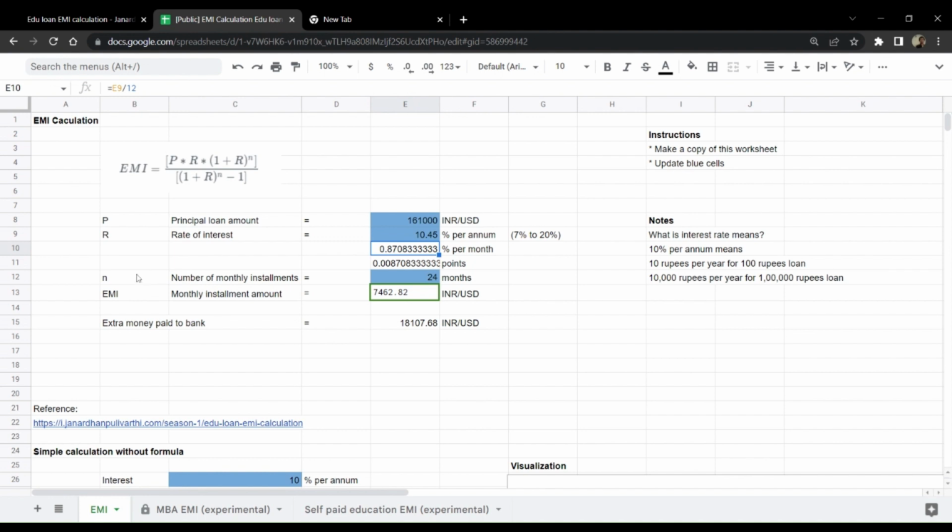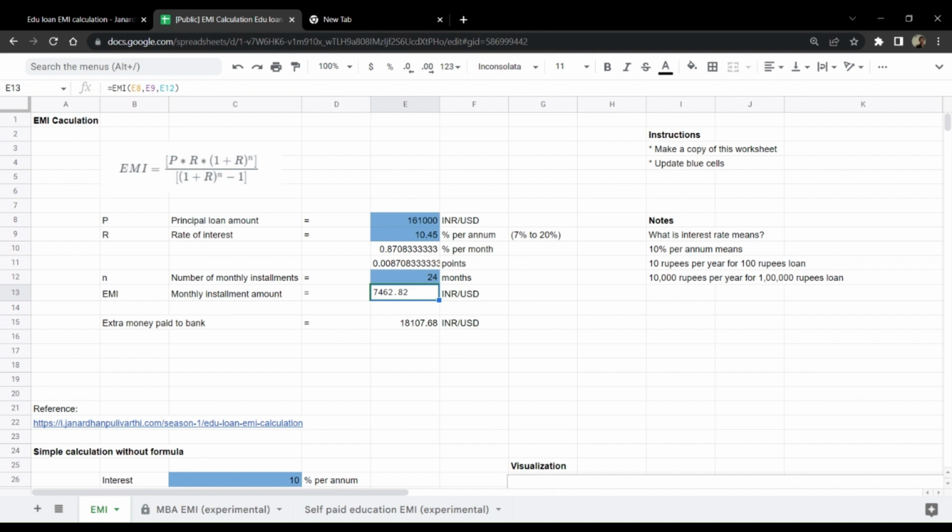And another element is the number of monthly installments. With these three elements as input, we can calculate the monthly installment amount.